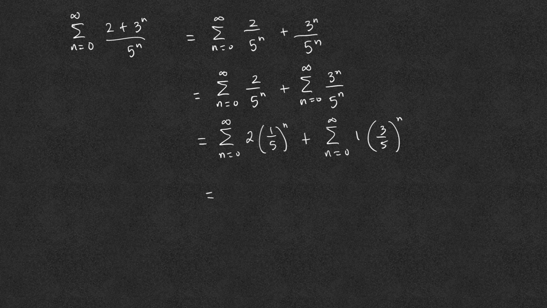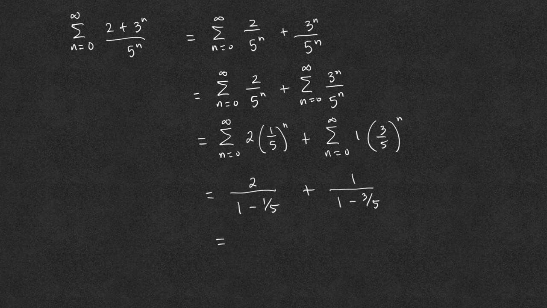For the first sum, it is a over 1 minus r, where r is 1/5. And for the second sum, a is 1 and the denominator is 1 minus r, where r is 3/5.